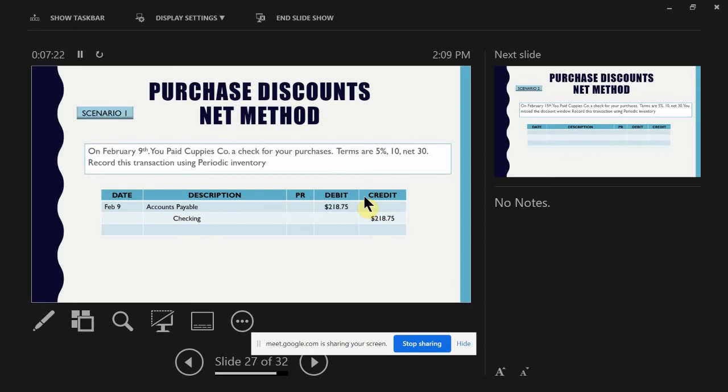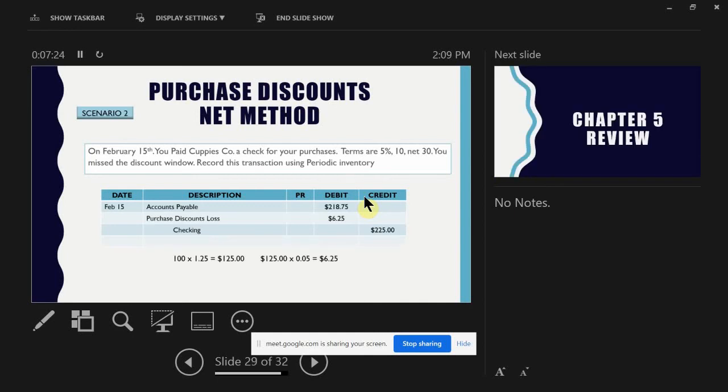But if I completely forgot about the bill and I end up missing the discount period, then I'm going to have to recognize that I lost that discount. But because I lost that discount, I have to pay them the full amount, which in my books, I discounted my items already. So I need to add back the discount that I lost and pay them the full amount that my bill originally was reflecting. Okay?